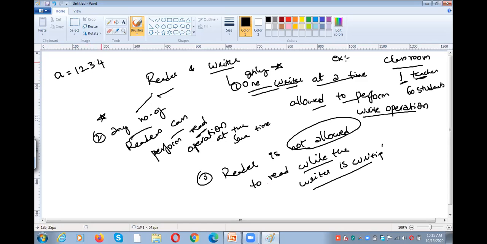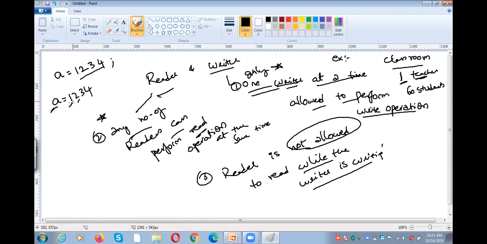After the end of writing, I have concluded. The writer is done now, so anyone can read the value of a. For all of you, the value of a is 1234. Likewise, if you read while I am writing, for someone it is 1, for someone 12, for someone 123, for someone 1234.